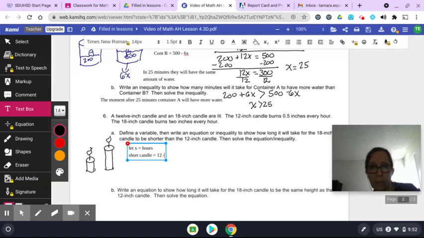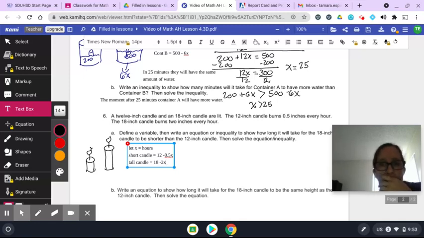So it's getting rid of stuff at a 1/2 inch per hour. And the tall candle, it is starting at 18 and it burns much quicker. I don't know why it's more flammable, but okay. It's burning at 2 inches per hour.